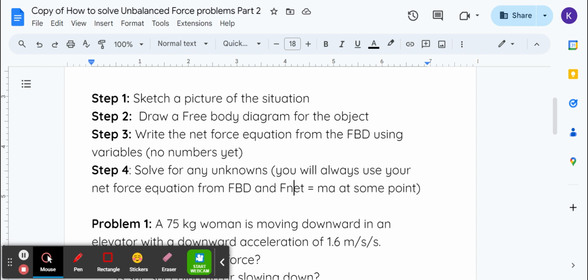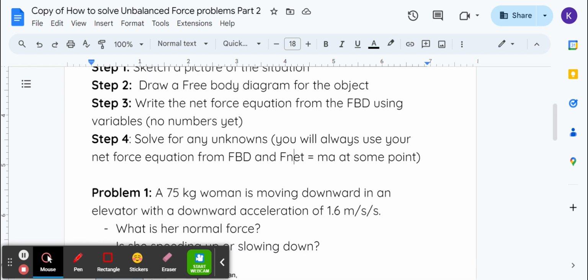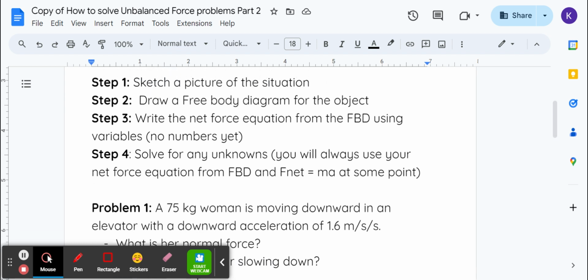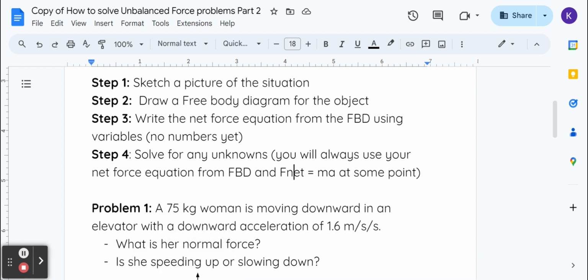The difference in this tutorial is that now we will be given the acceleration of the object instead of solving for the acceleration. And what will be unknown is a single force on the free body diagram.